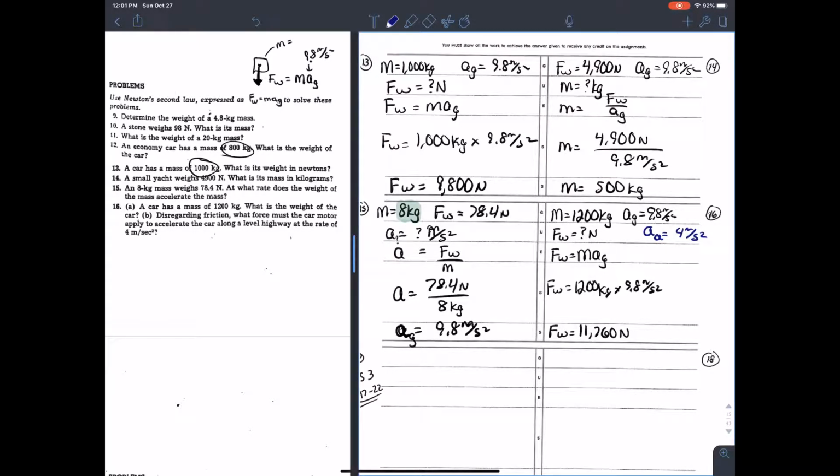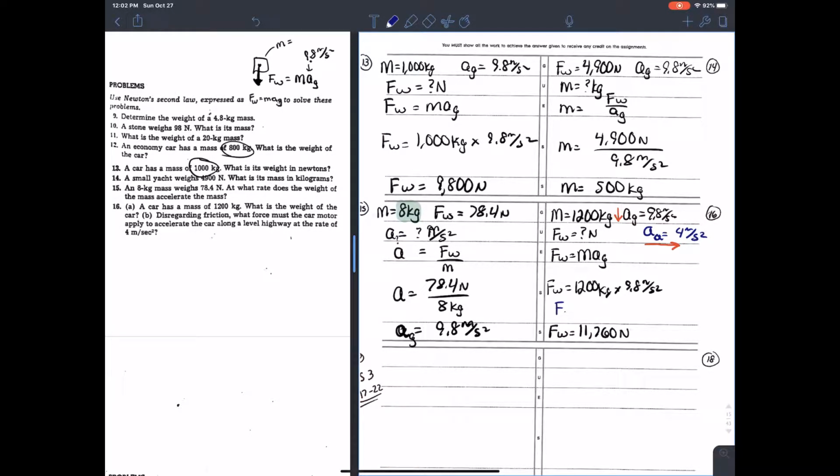See, the first one, gravity, this acceleration is acting downwards, but this acceleration would be acting forwards. So we have 2 different directions. You're going to have 2 different forces acting on this object.